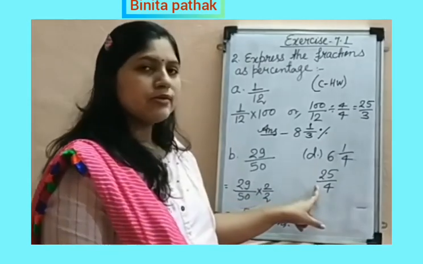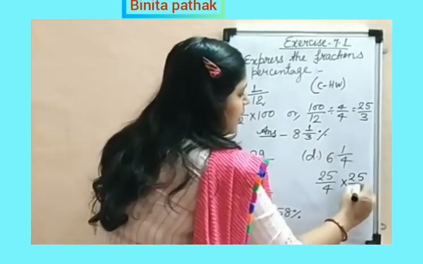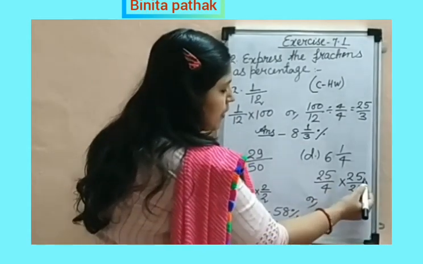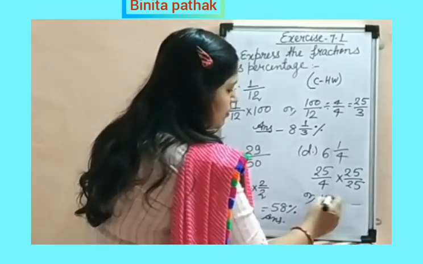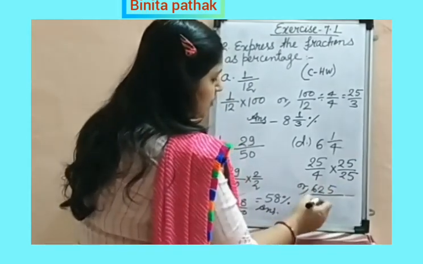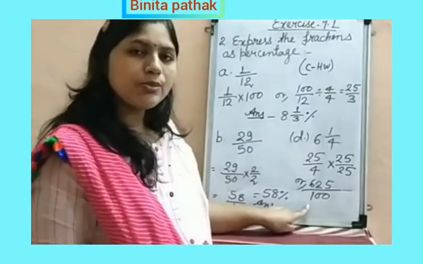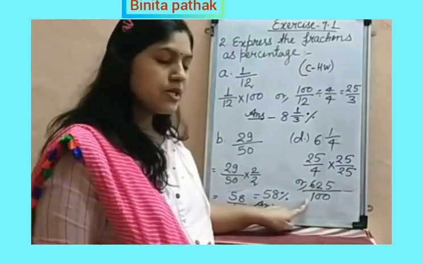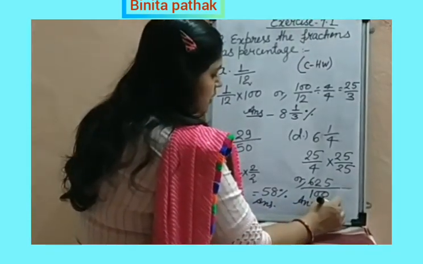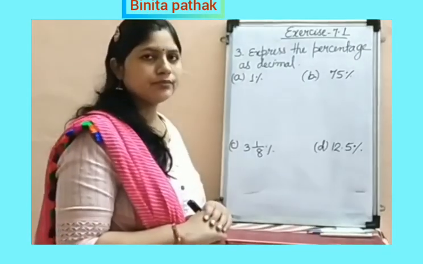Now 4 we can convert into 100 by multiplying it by 25. So 25 multiplied by 25, that is 625, and 25 into 4 equals 100. Here numerator is 625 and denominator is 100. So the answer will be 625%.